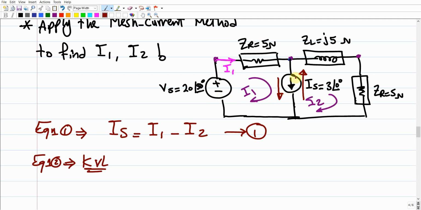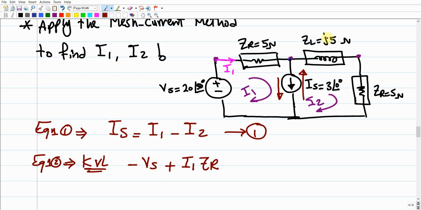Applying Kirchhoff voltage law to this super mesh, we get negative Vs, because it is the input source. Then we have the voltage over this impedance, which is the current passing through it, I1, because the current over it is only I1, with no effect from I2, times ZR. It is positive because it is output.